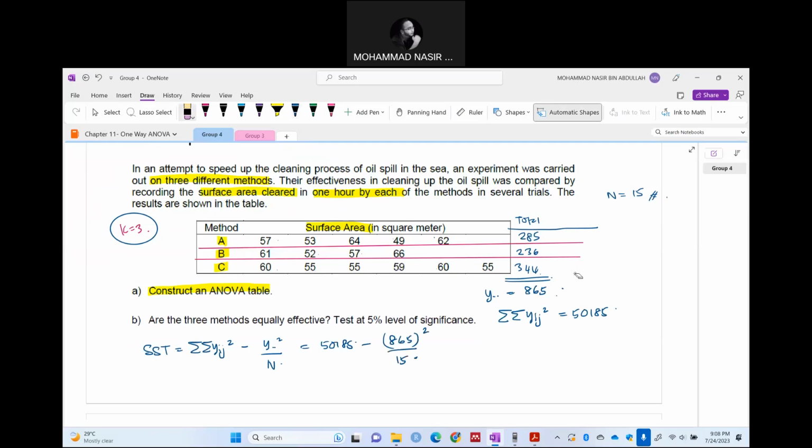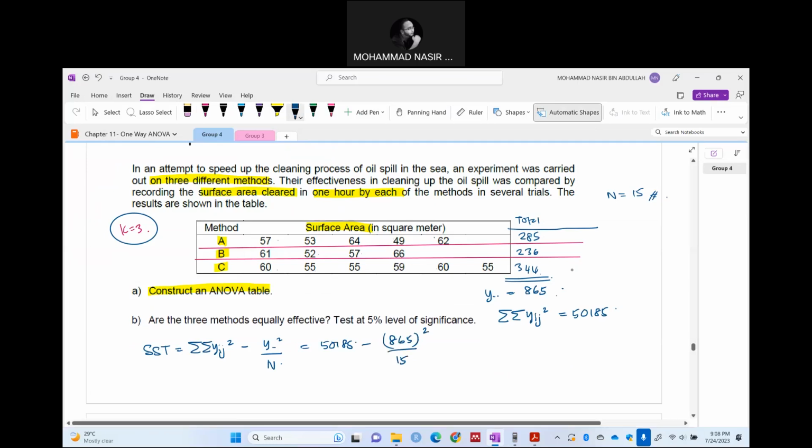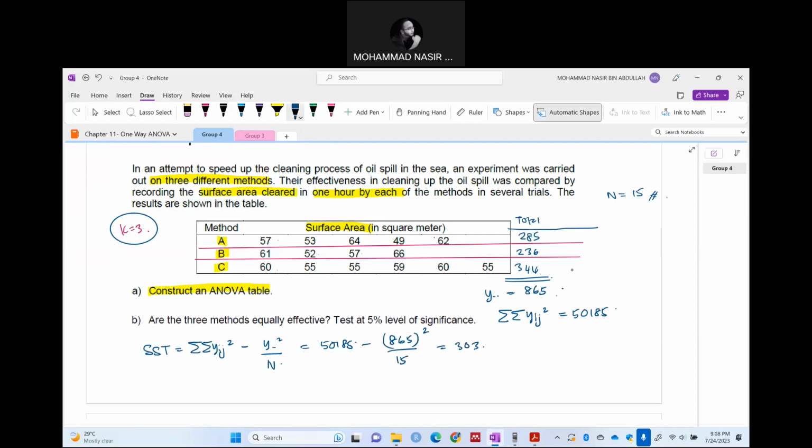Okay. So this one should be equal to 303.3333. Right? Got it?